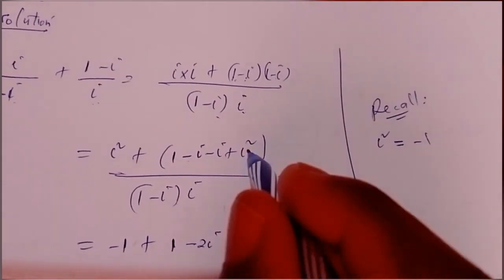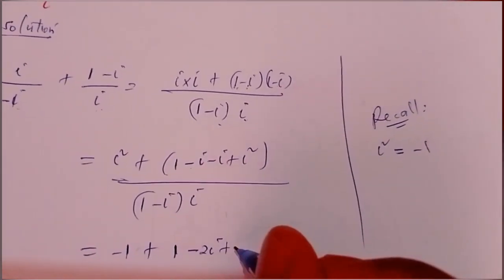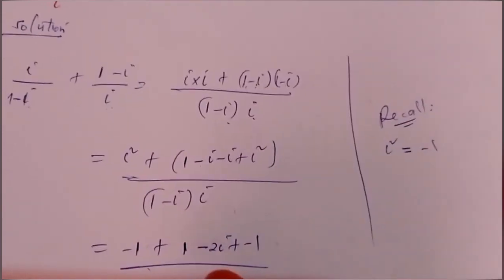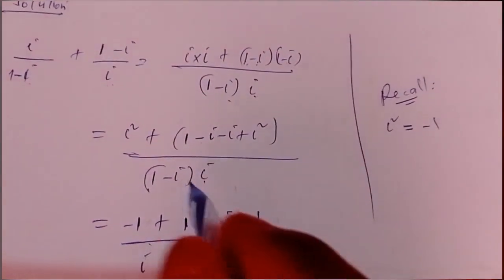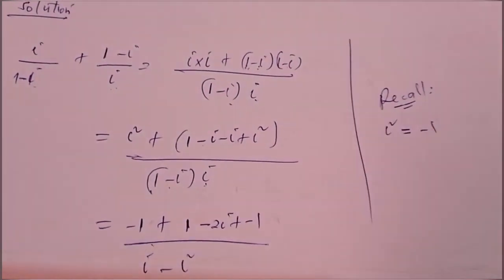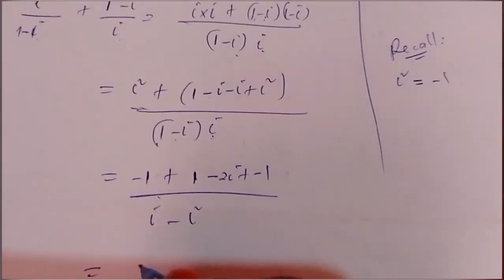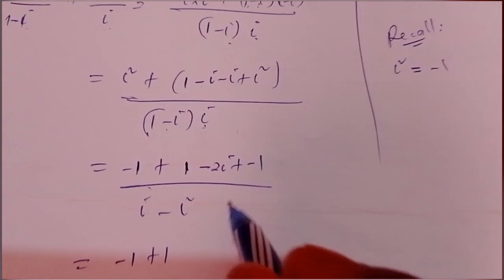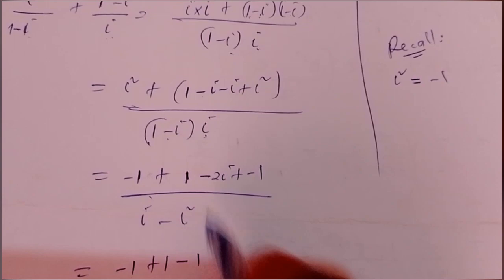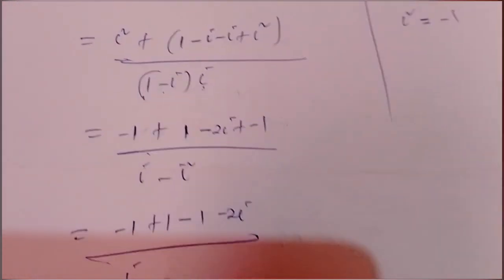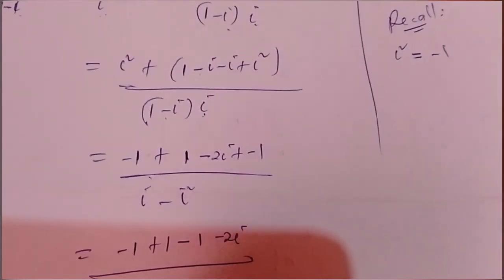Then this will be negative 1 over, this time this is i, this time this is minus i squared. Now you have negative 1 plus 1 minus 1, minus 2i, over i plus 1.